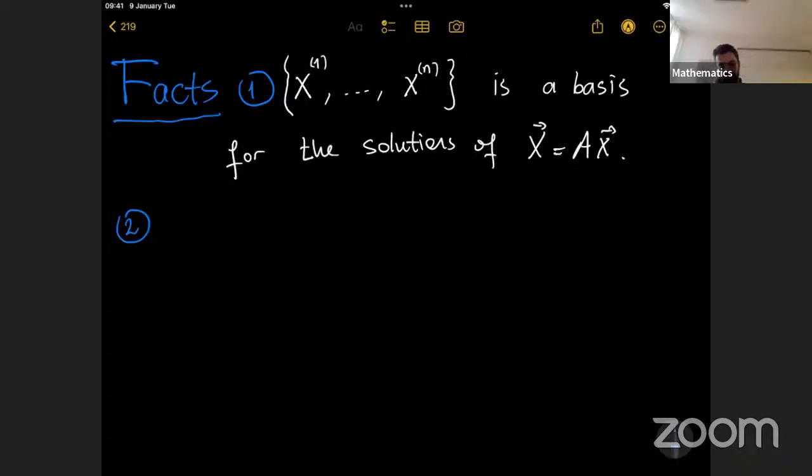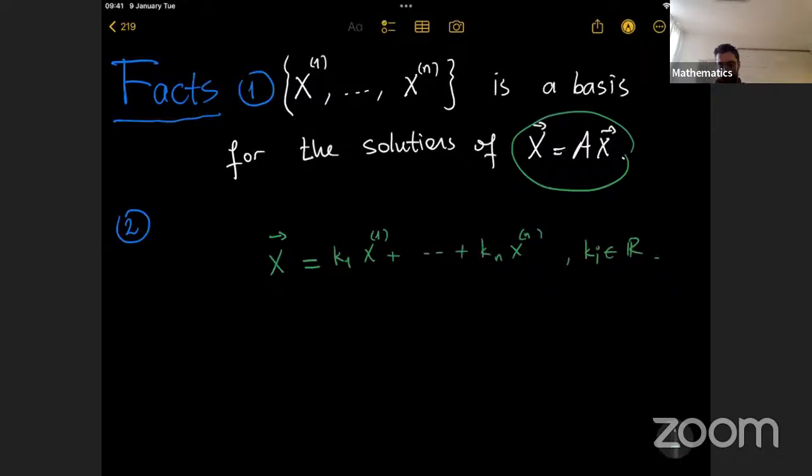Well, any other solution, let me explain maybe. Take a solution like this, okay? It's a solution of this system. Then that means you can write this as a combination of k1 x1 plus up to kn xn. Here, the ki's are some real numbers, okay?